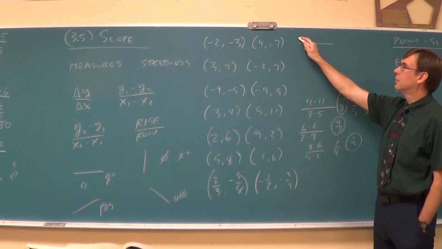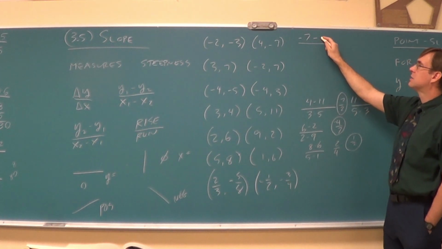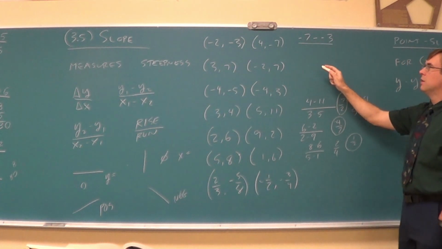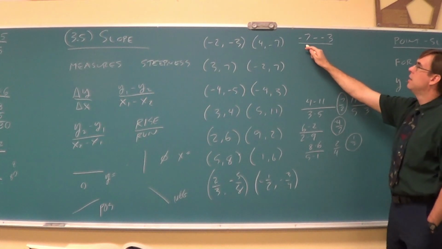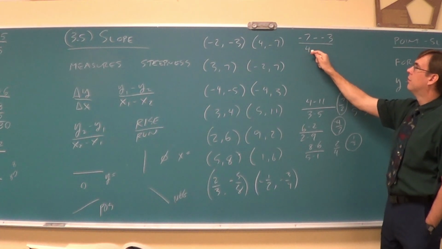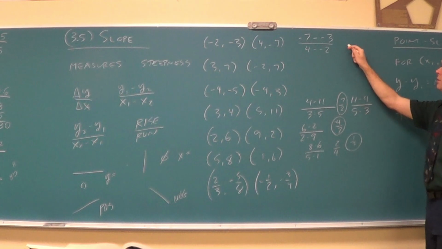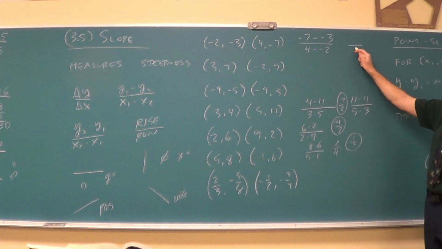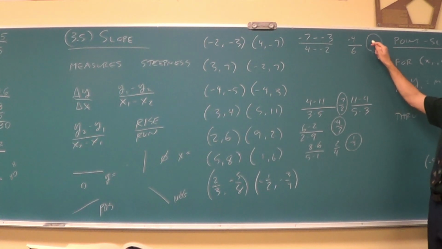Negative 7 minus negative 3. If we do negative 7 minus negative 3, bottom's got to go 4 minus negative 2. Top is negative 4, bottom is 6. Best answer? Negative 2/3.